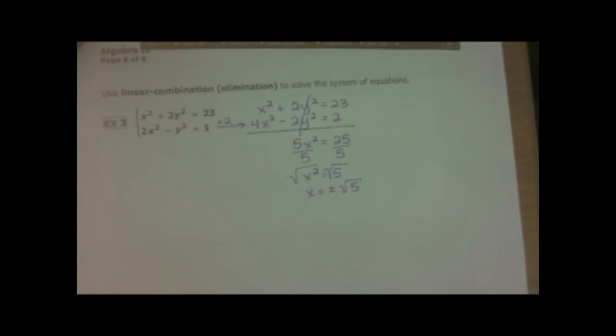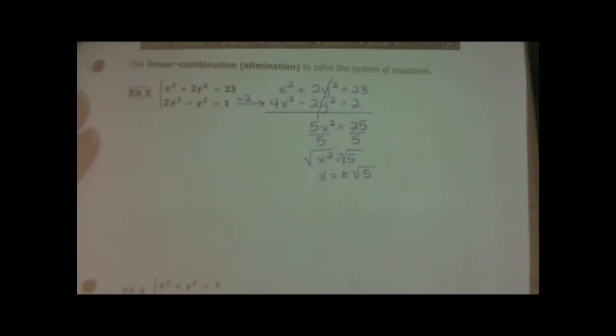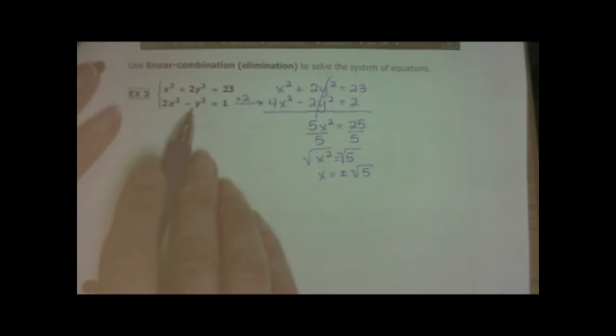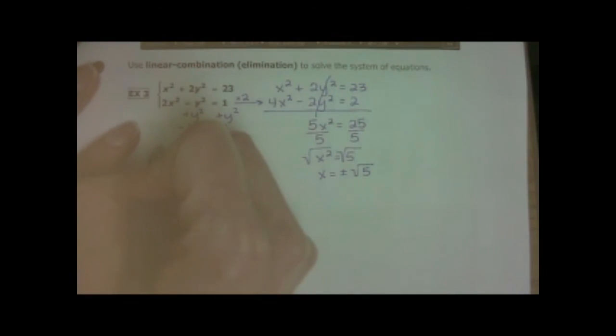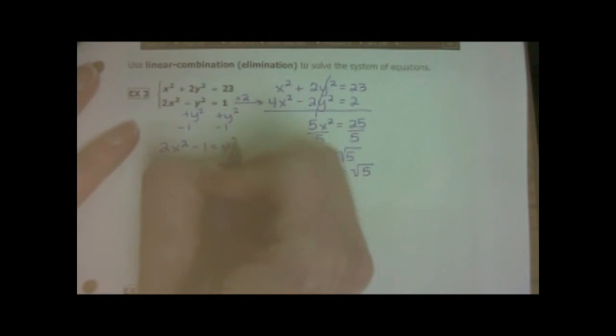All right, the next thing I need to do is I actually need to solve for y. So I've got to go back to one of these equations and I've got to solve for y. If I just take a look at this second equation here, if I wanted to get y by itself, one thing I could do is add y squared on both sides and subtract 1 on both sides, and I would get 2x squared minus 1 equals y squared.